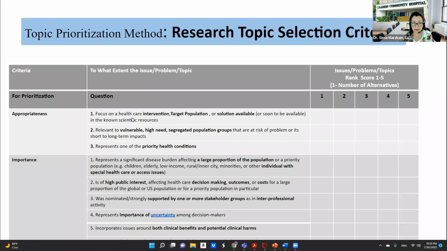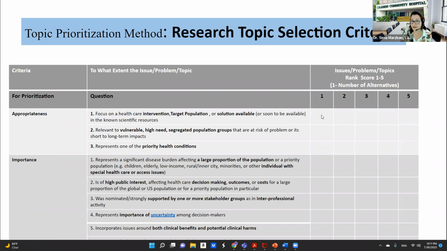First topic, find out if this topic focuses on a healthcare intervention, target population, or solution that is available or soon to be available in the non-scientific resources. To what degree does this topic reply to this question?